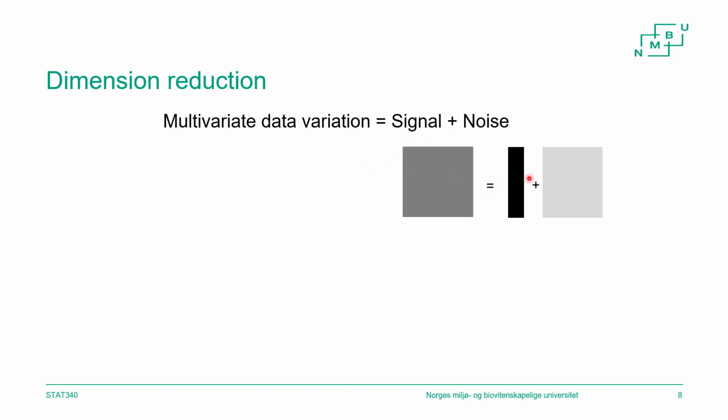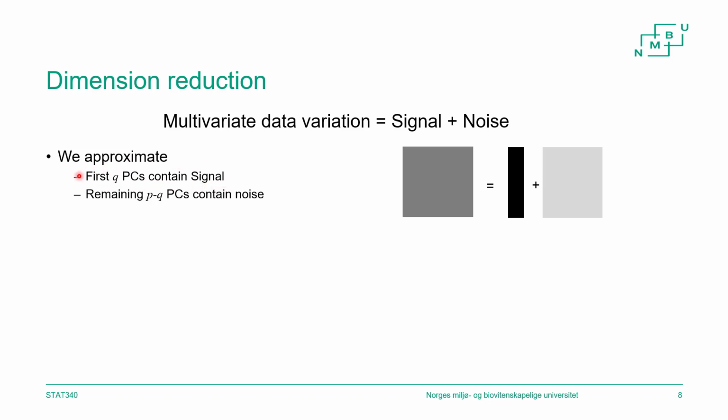And we also assume that signal is found in fewer dimensions than the total data. How much fewer, we don't know, but this is the dimension reduction. So instead of choosing some randomly chosen variables from our original data, we now say that the first Q principal components contain the signal.